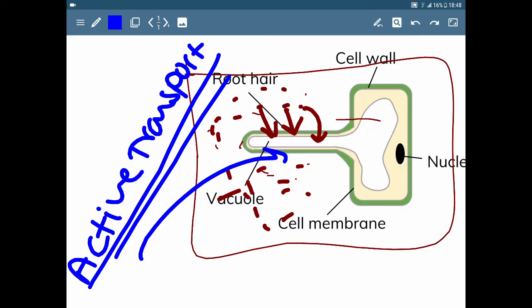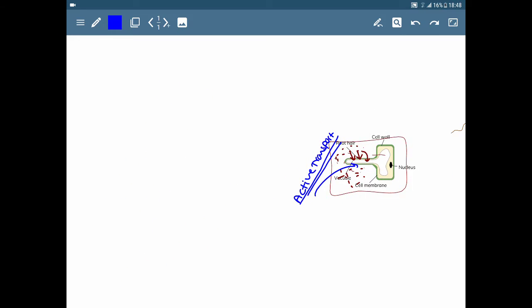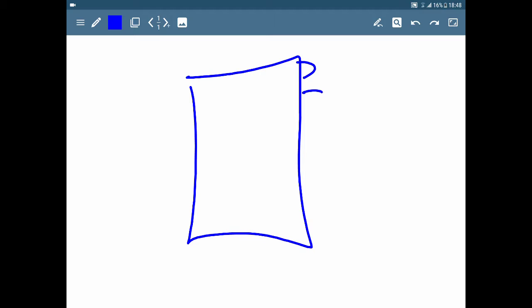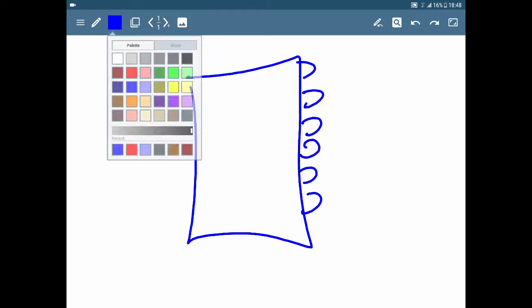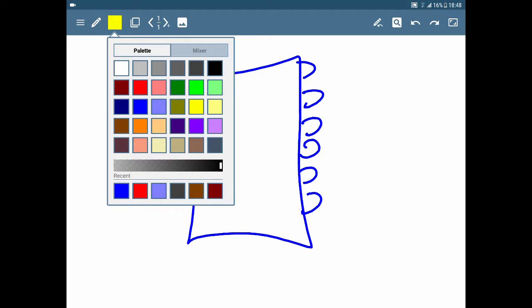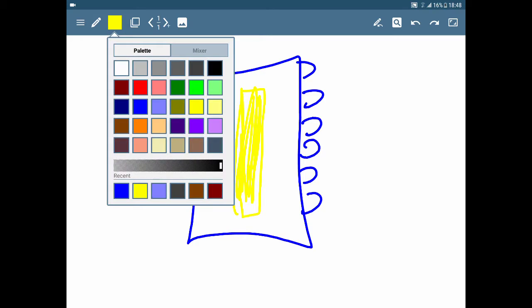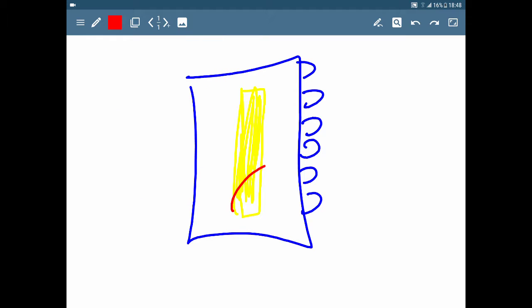Okay, it can also be used in the uptake of glucose by epithelial cells of villi and kidney tubules. So if this is the epithelial cells over here, and then there's a lacteal, and blood capillaries.